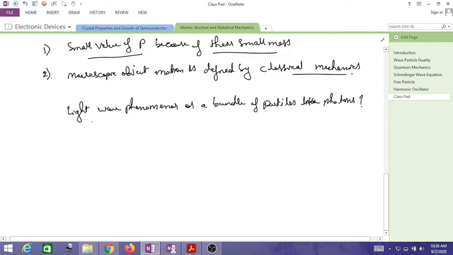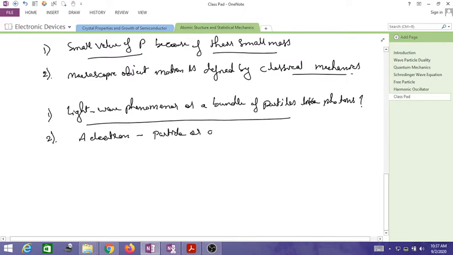What is it? So light is a wave phenomenon or a particle-like photon phenomenon. And the second question is: is the electron a particle or a wave? These are the two questions in front of us.